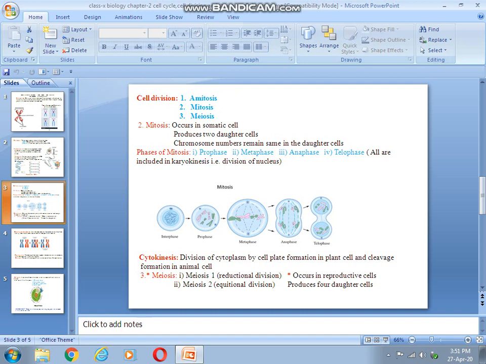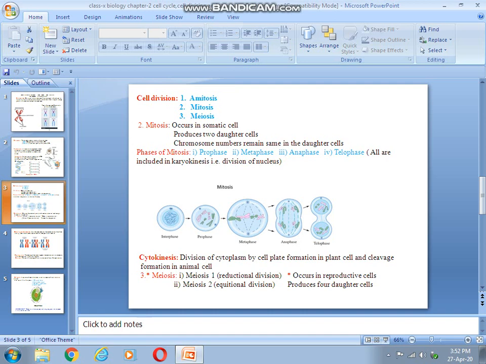First, amitosis. Amitosis is a simple common process of cell division in prokaryotic cells like bacteria. It is a direct method of cell division characterized by simple division of the nucleus without formation of chromosomes. So this is amitosis.